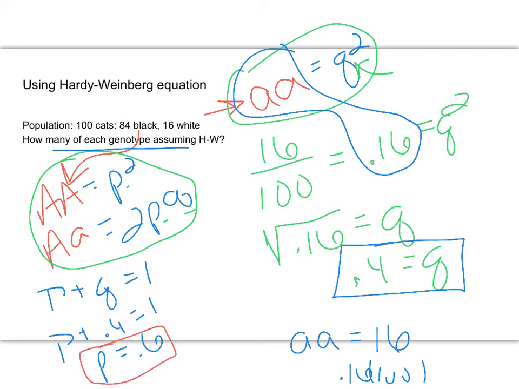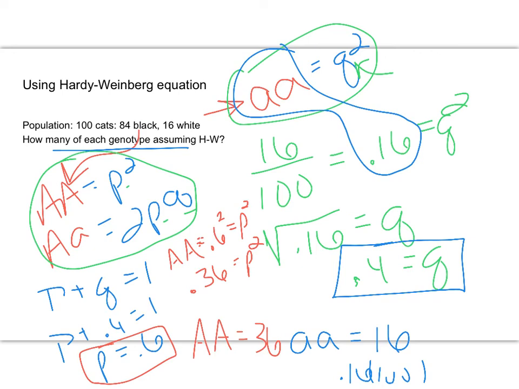So if I want the frequency of the homozygous dominant genotype, that is 0.6 squared, which is equal to p squared. And so 0.6 squared is 0.36, which is p squared. So answering my actual question of the homozygous dominant genotype, there are 36. So out of that 84, 36 of them are going to be homozygous dominant.